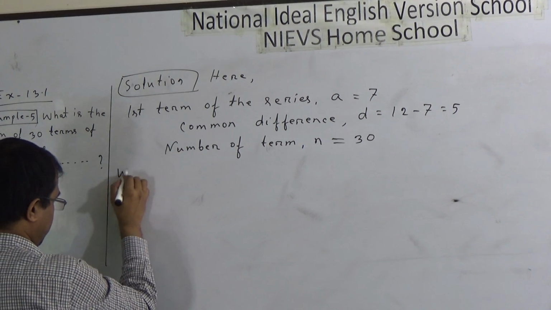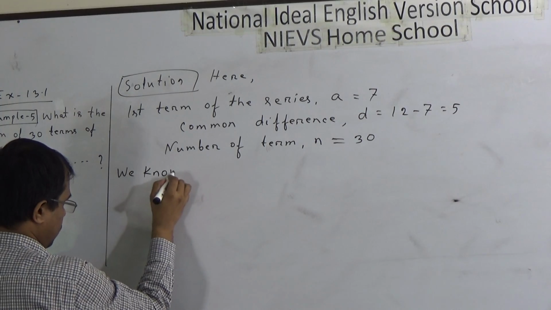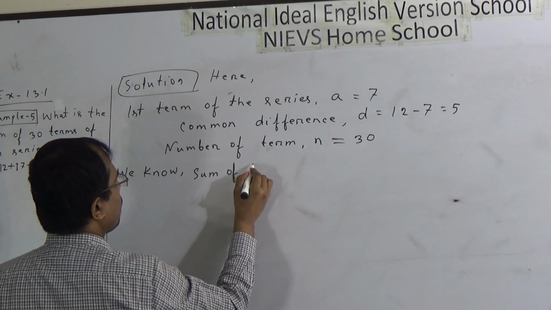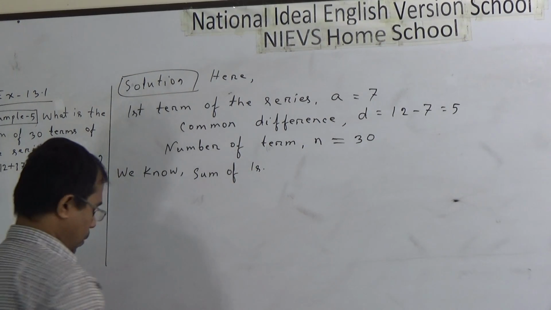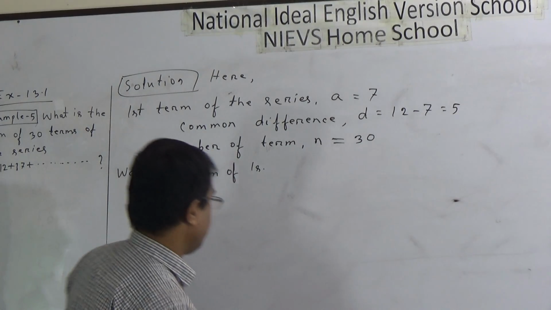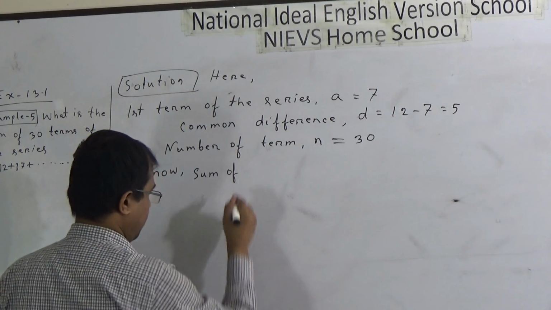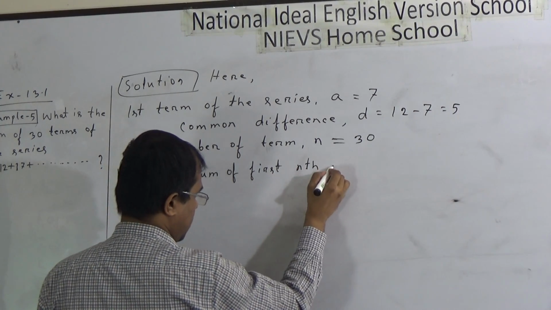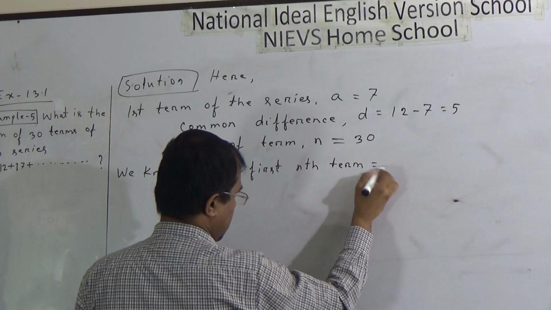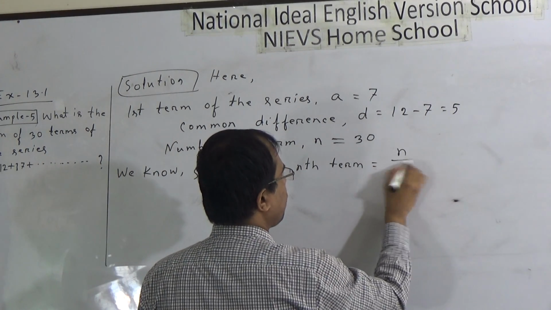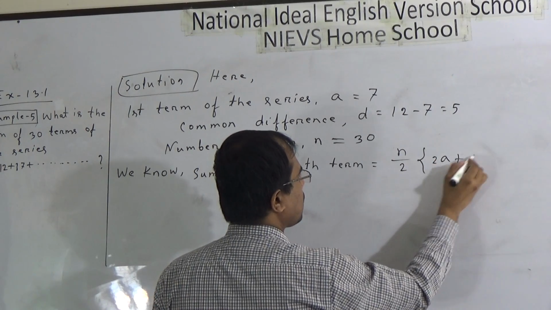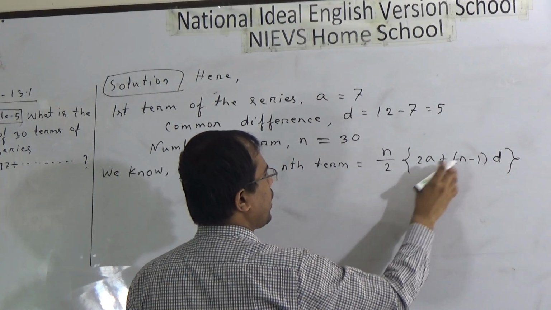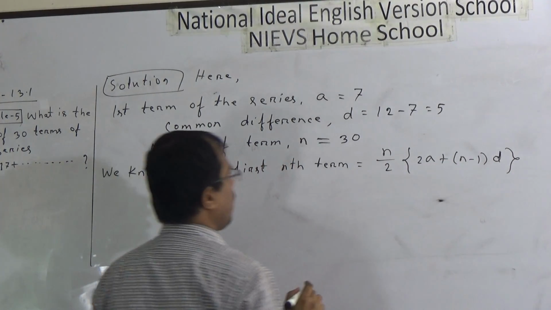We know the sum of first n terms equal to n by 2 into 2a plus n minus 1 into d.